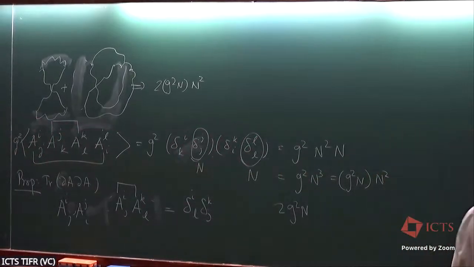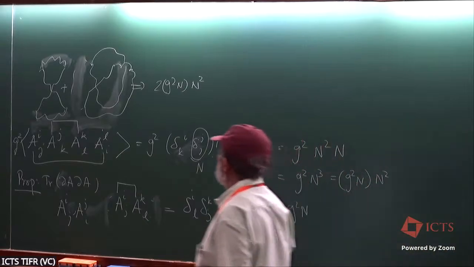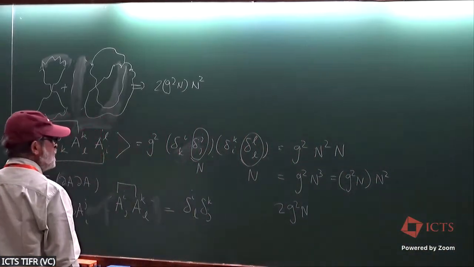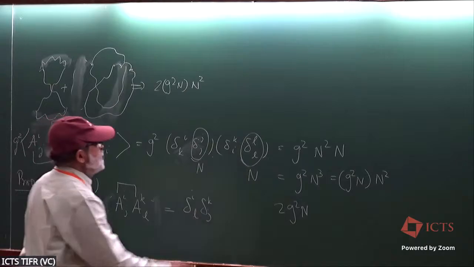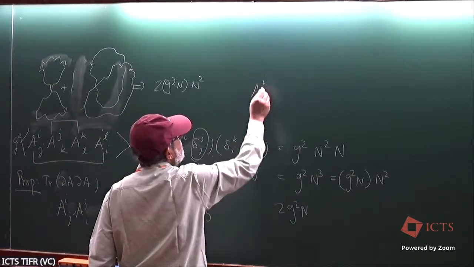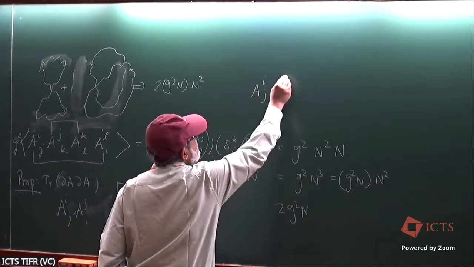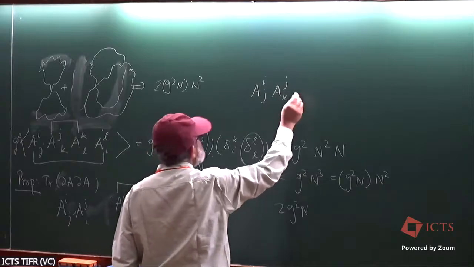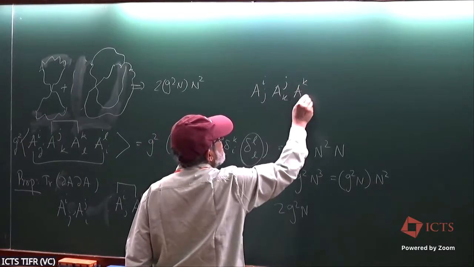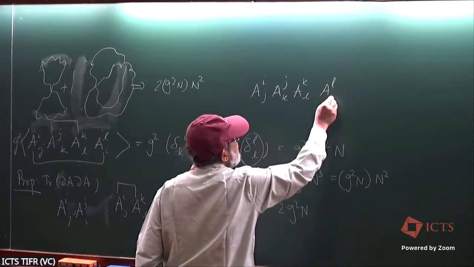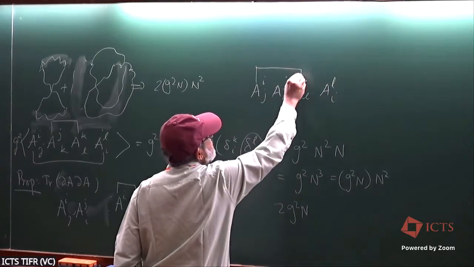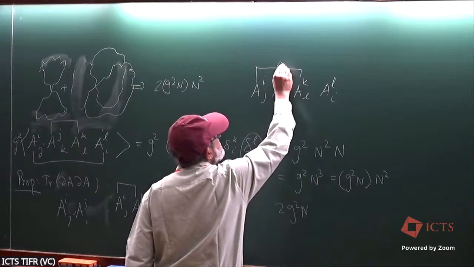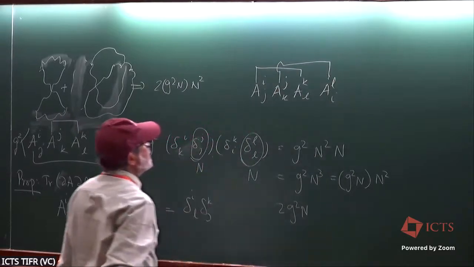That's important. So remember this. And now let me do that one. So let me write this vertex once more. AKL, ALI. So what I'm doing is this, right? This contraction.